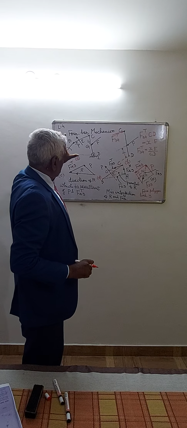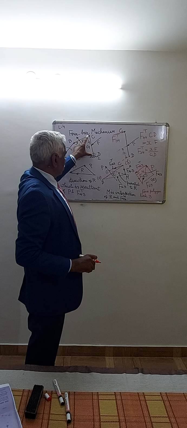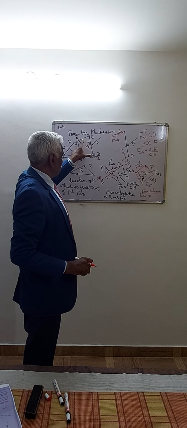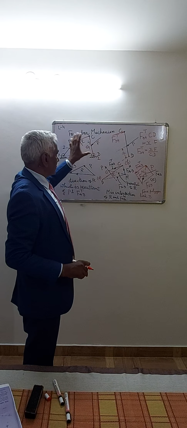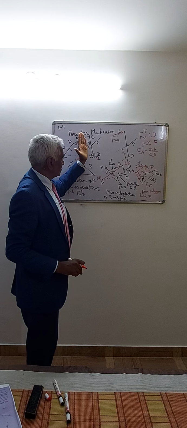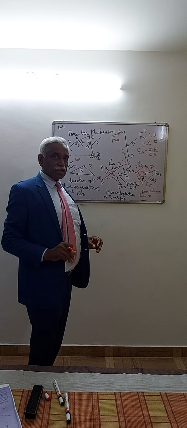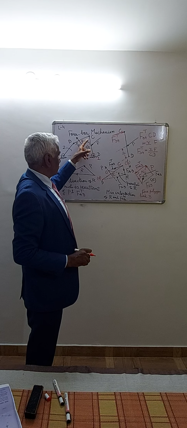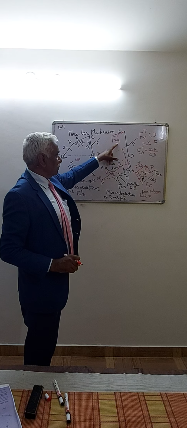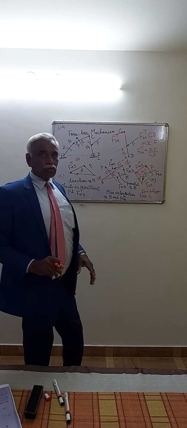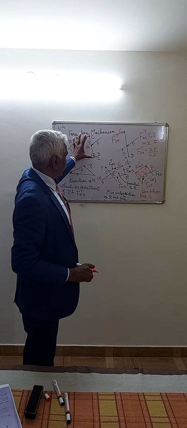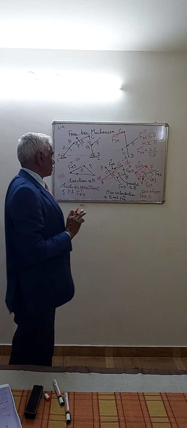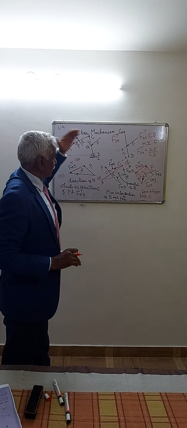In such a case, the force acting on link number 4 from link number 3, that is F34, can be resolved into 2 components. One component will be parallel to the link, that is, parallel to CD, and the other component will be perpendicular to CD.